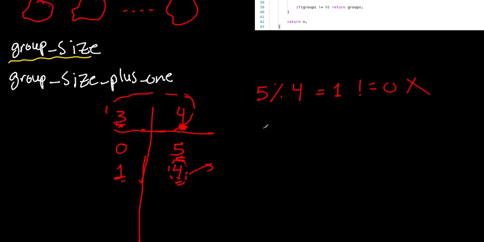So 4 mod 4 equals 0. This is good. We need to check if we can put this 1 into groups of size 3. 1 mod 3 equals 1, and this is not equal 0, so this is not good. That means the combination 4 and 1 doesn't work.